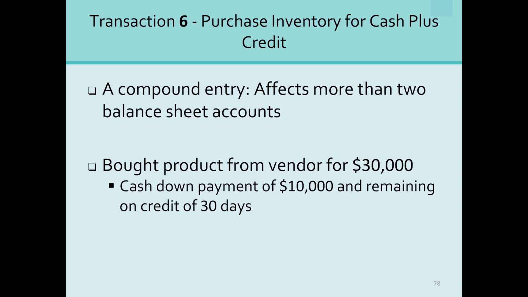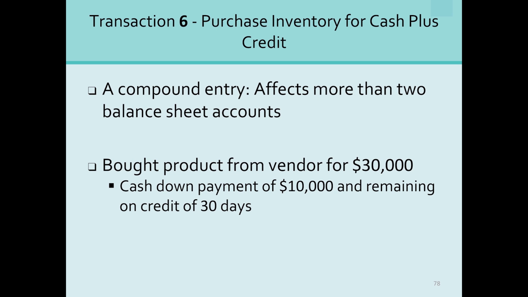So, please note that this compound entry can easily be broken down into two simple entries. It is equivalent to saying two separate entries. Is it not the same? Just see what I am saying. I bought 10,000 of inventory using cash, entry number 1. Then I bought 20,000 of inventory on credit, entry number 2.